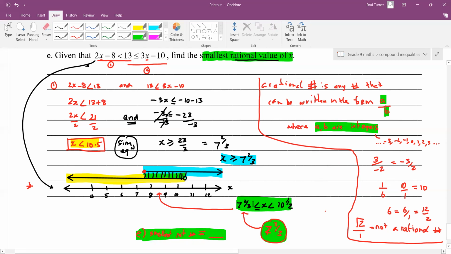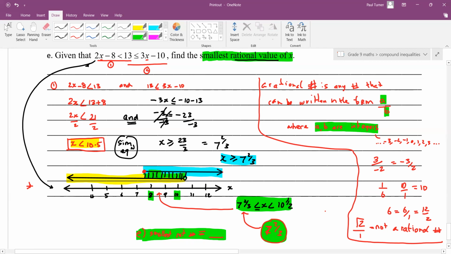If I wanted smallest integer, then the answer would be 8, wouldn't it? 8 would be the smallest integer. 10 would be the largest integer. And if I ask for prime number, 8, 9, 10, there's no prime number in this range here.